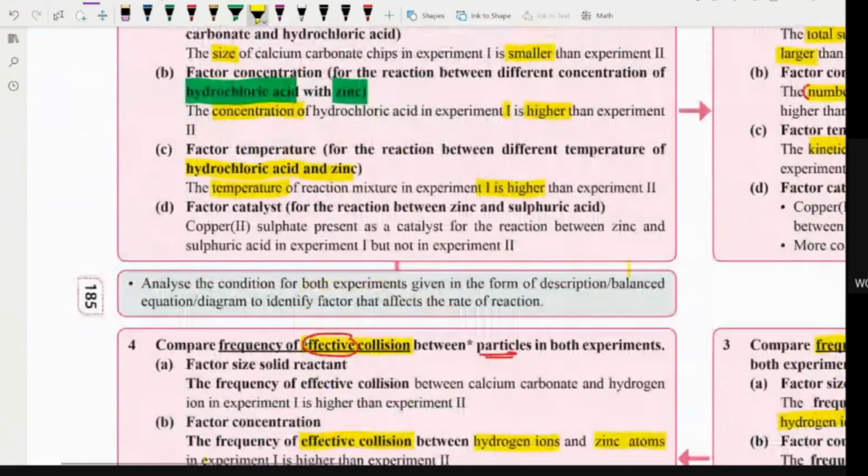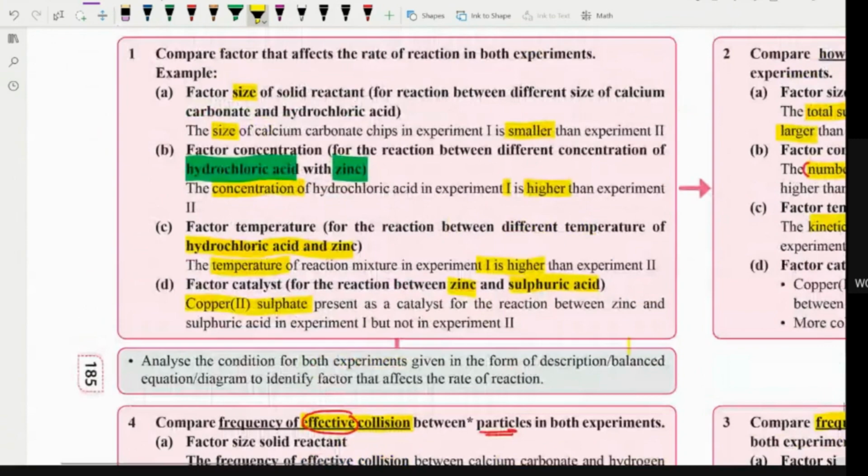Then finally is the catalyst. Let's say the reaction between zinc and sulfuric acid. Now copper(II) sulfate is suddenly present in the reaction. So it acts as a catalyst for the reaction, in experiment 1 but not in experiment 2.